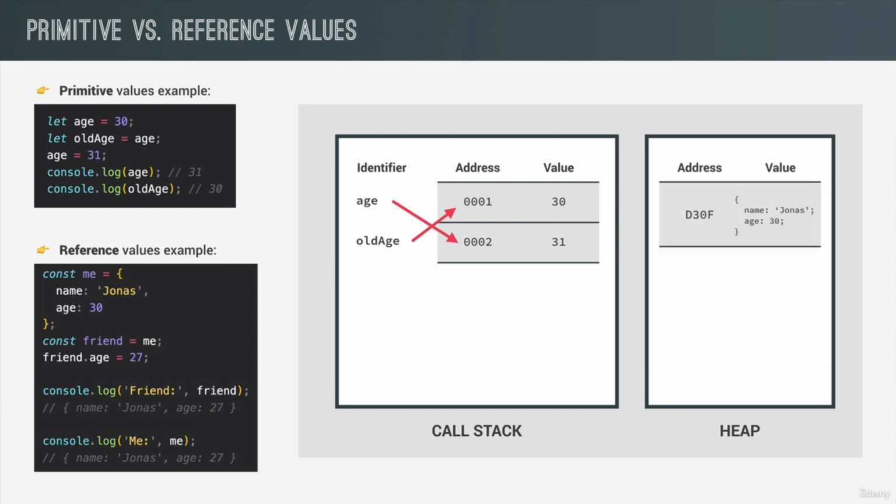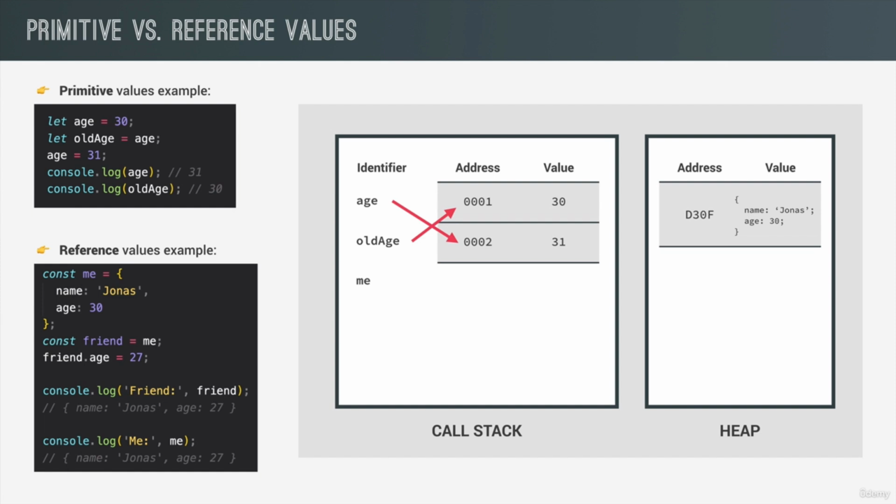And such as before, there is a memory address and then the value itself. Now, in the case of reference values like this me object, the me identifier does actually not point directly to this newly created memory address in the heap. So in this example, D30F.